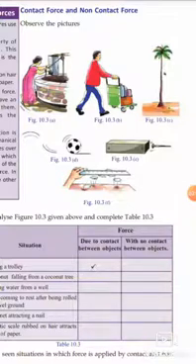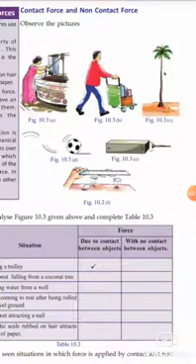In the third picture, the coconut and the earth. Earth is the agent. So the agent and the object on which the force is exerted, that is the coconut, are not in contact with each other. In the fourth, the ball rolls on the floor. The floor is the agent and the force is exerted on the ball.